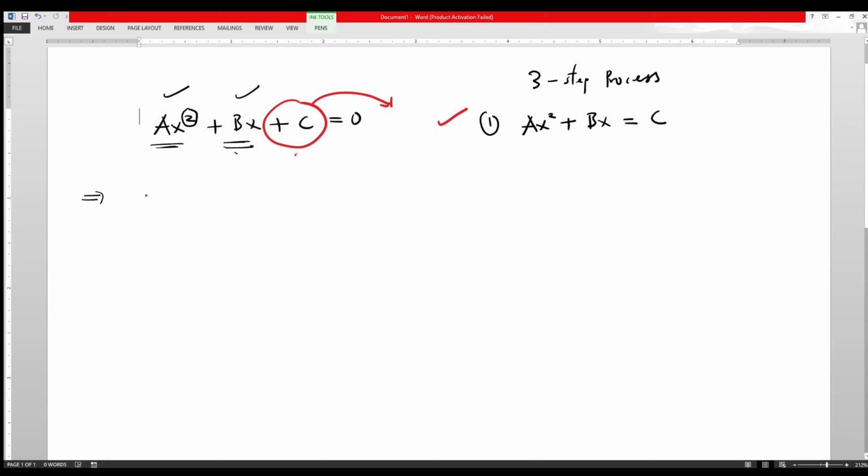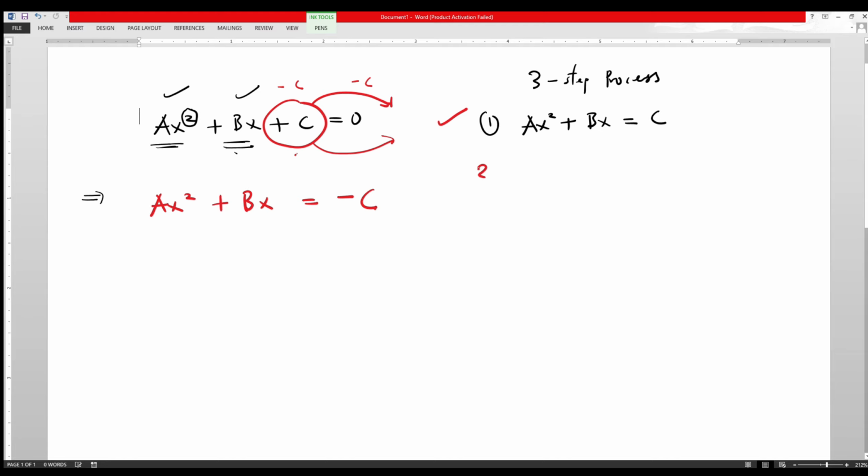This implies we're going to have ax squared plus bx is equal to minus c. Okay? C is positive on the left hand side, so when it moves to the other side of the equation, it becomes negative. Or similarly, we can add negative c to both sides of the equation, and we would yield the same result.